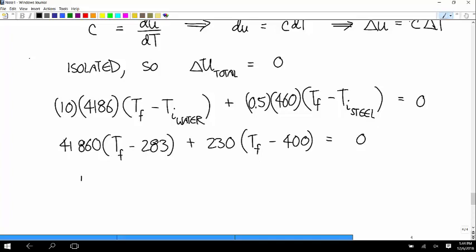And you can solve for T final. And you get that T final is basically 283.6 Kelvin. Okay, so that's the equilibrium temperature it's going to be, and I wrote it as the final temperature, but it doesn't matter. We could have done it calling that the initial temperature, and you'd get the same value. That equation doesn't know anything about what happens before and after.